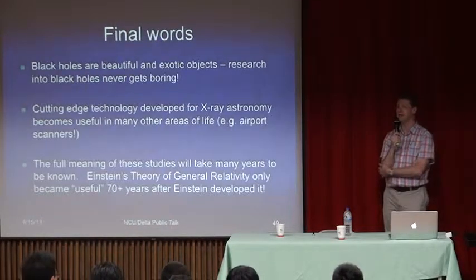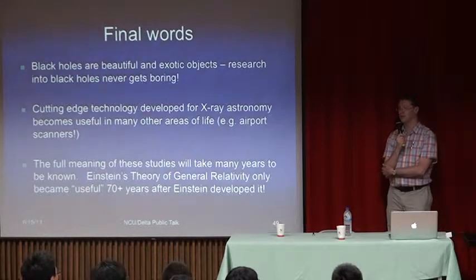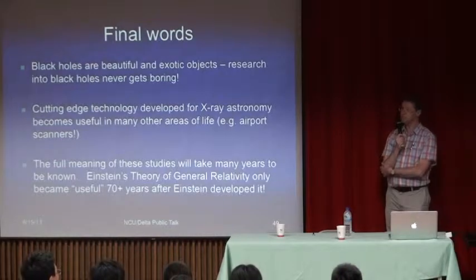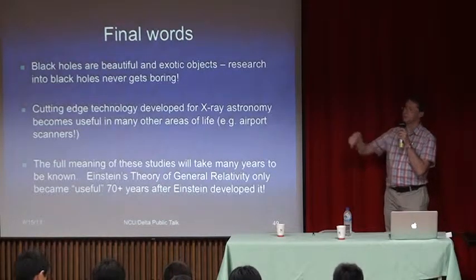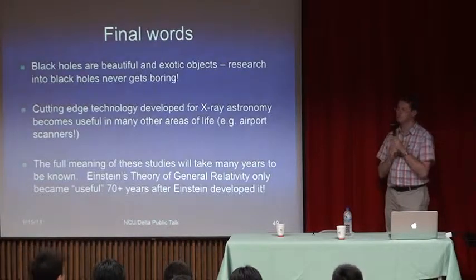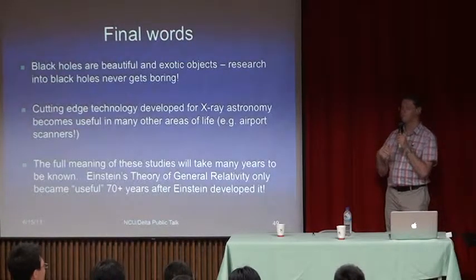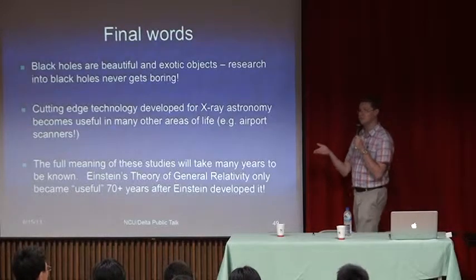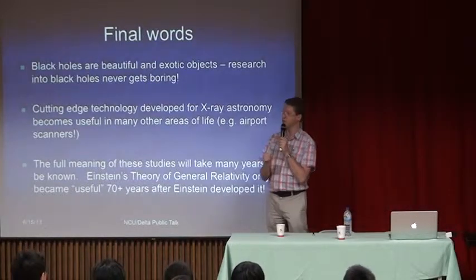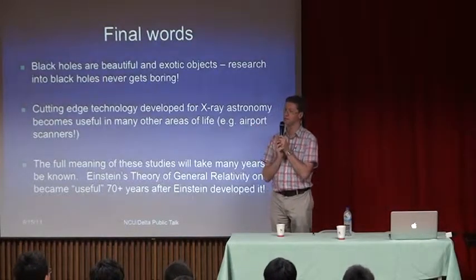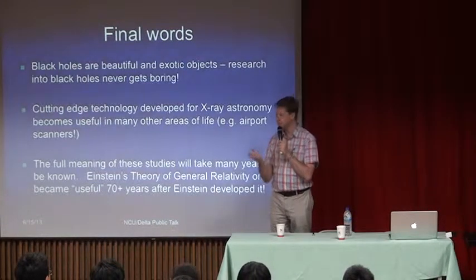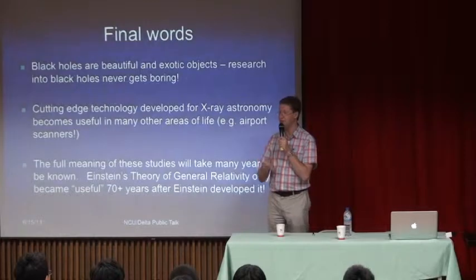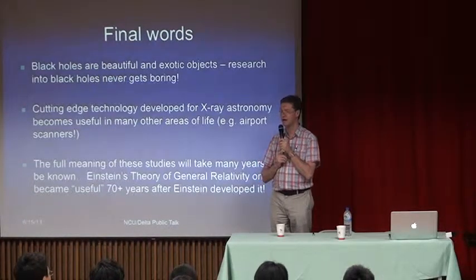Yes, you're right. At the LHC at CERN, the particle accelerator, one of the possibilities is that they could actually make very small black holes. I don't think there's any evidence that they did make them.